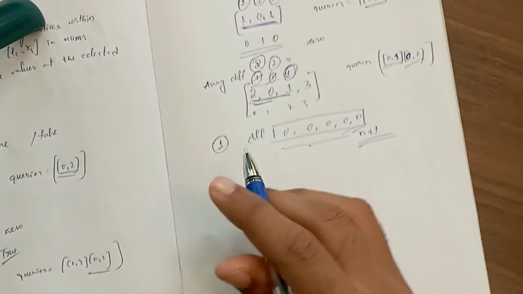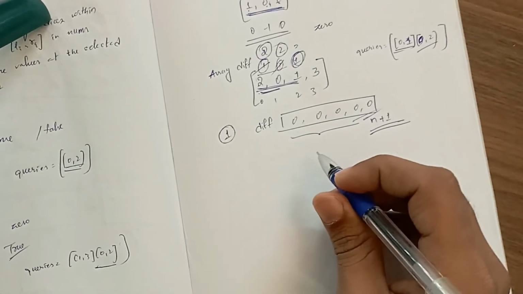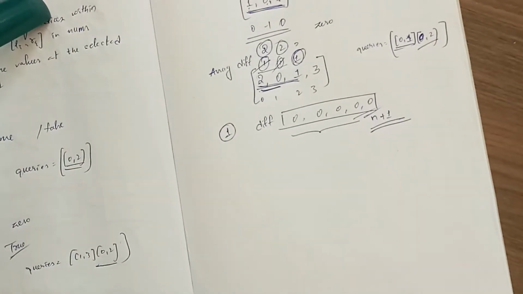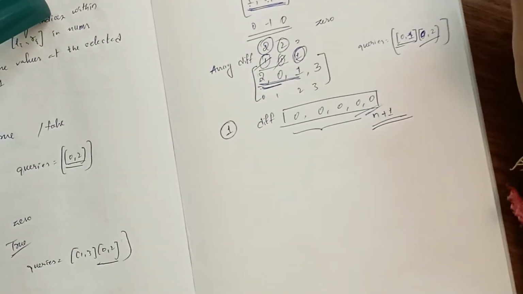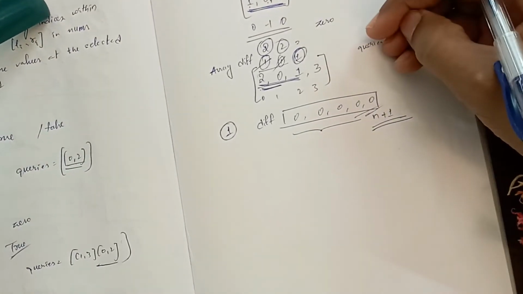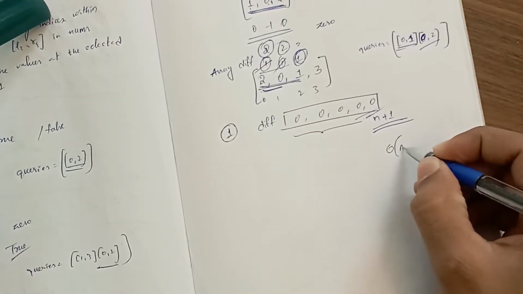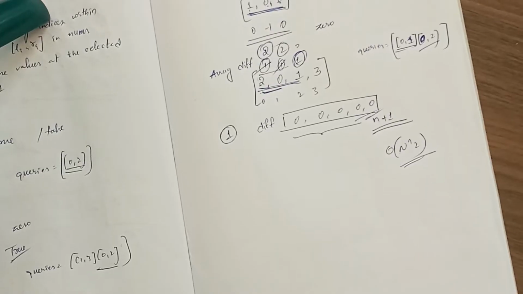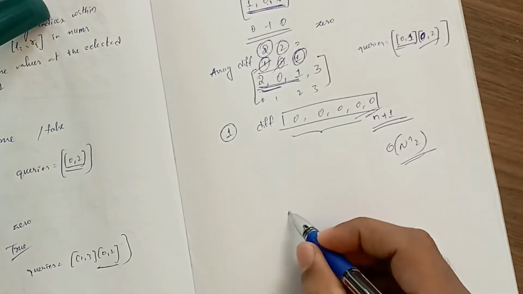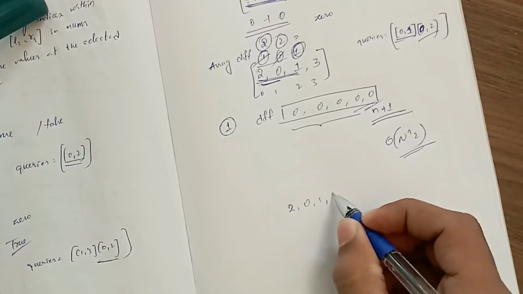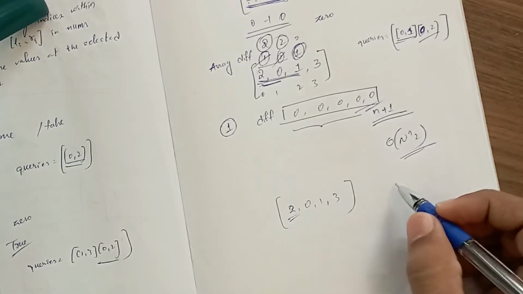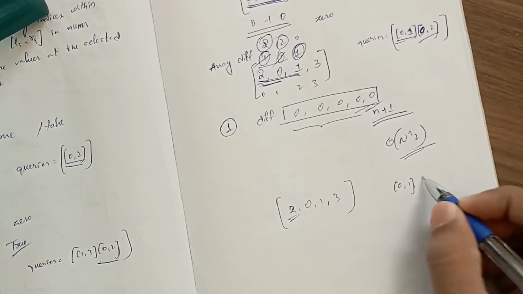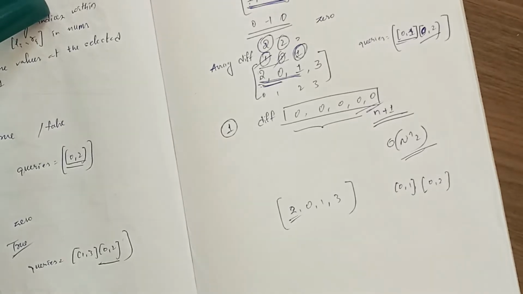But if you think about it clearly, we are doing the same process of incrementing them, which takes O(n²) as the time complexity. So we are at [2, 0, 1, 3], with queries [0, 1] and [0, 2].